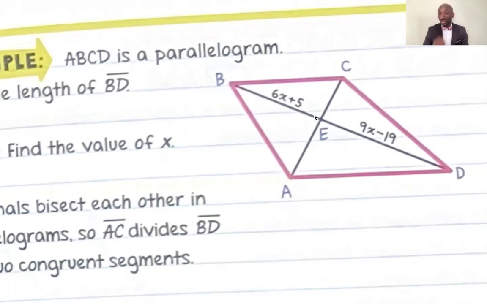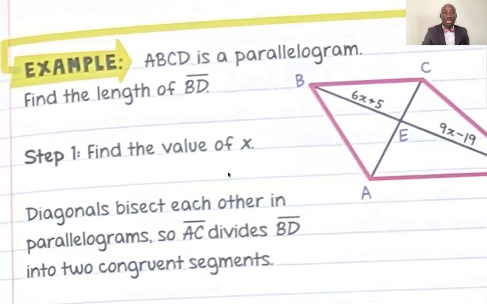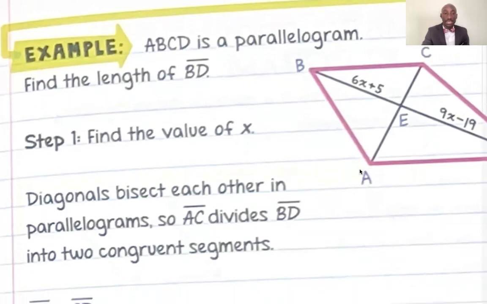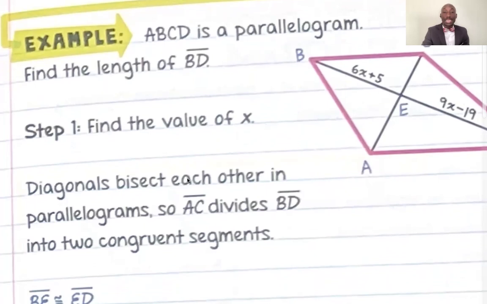Now, as we can see here, this shape does not look congruent everywhere, but we're going to follow their steps to ensure that we're on the right track. The first thing they do is find the value of x. They want to find the value of x because if you find x, you can find what this entire length is. Diagonals bisect each other in parallelograms.